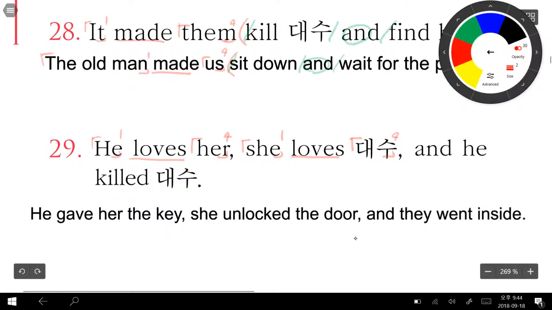Again, we place a comma before the third clause, and because it is the last clause, we also add the coordinating conjunction and. Finally, the third clause has the subject he, the verb killed, and the object Desu.